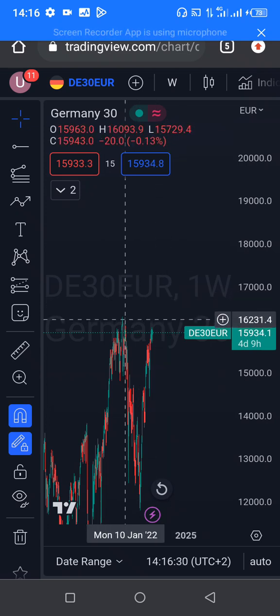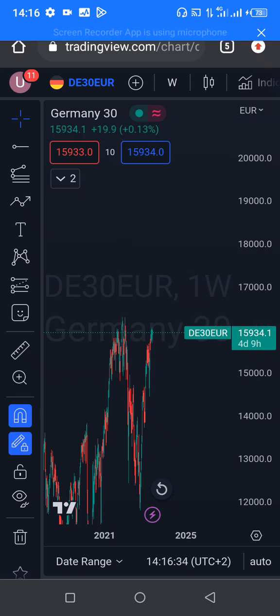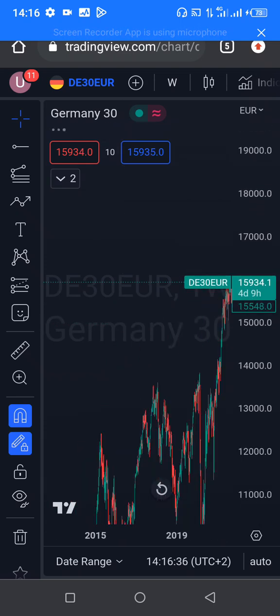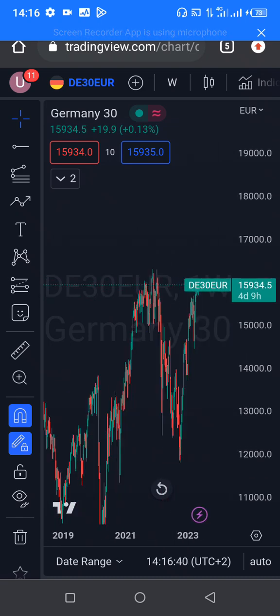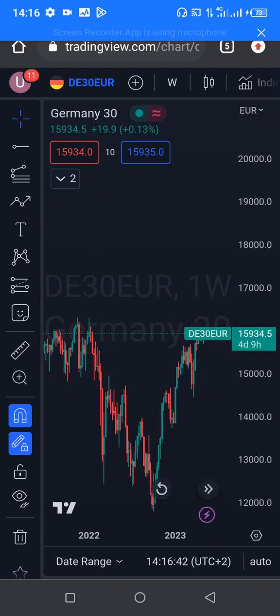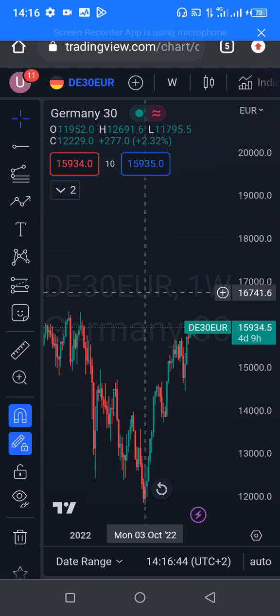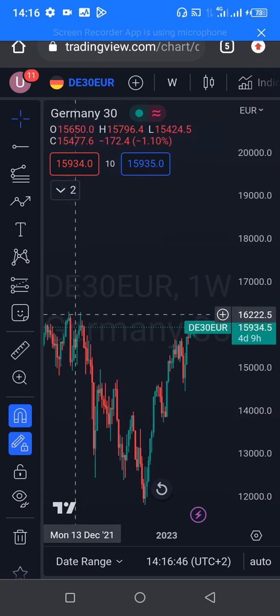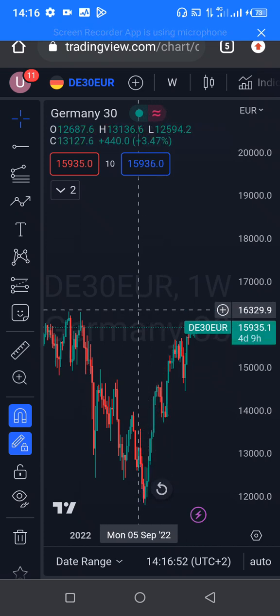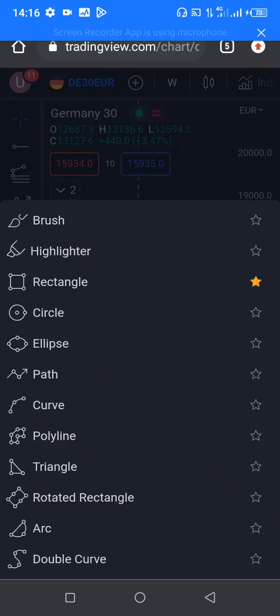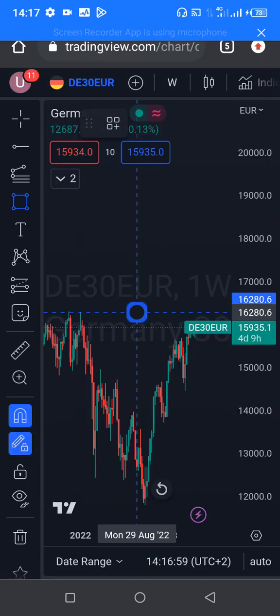So in 2022, we started to sell around these areas, and then late 2022 started to buy, and then it seems like we're coming to these areas here where we're going to form our support.